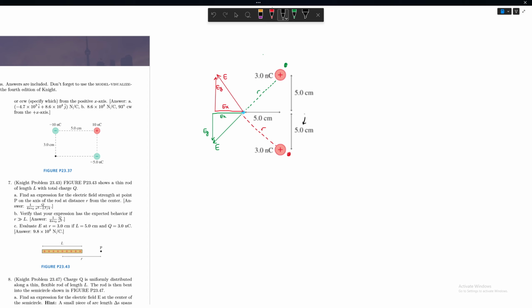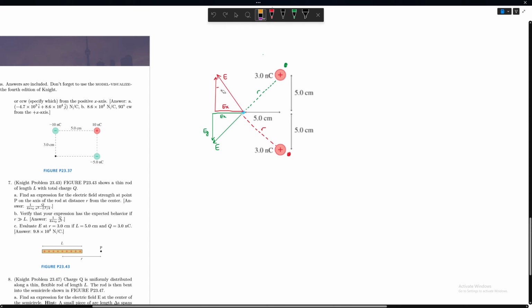The distance apart is the same, as well as their charge is the same. That means when I'm calculating these forces, my E here that's caused by this, and my E here that's caused by this will be the same thing. So what does that mean? That means their y component will be the same thing as well. But one is pushing up, one is pushing down. That means when I add these together, it will cancel out. So that means my E_y doesn't even matter because it cancels out.